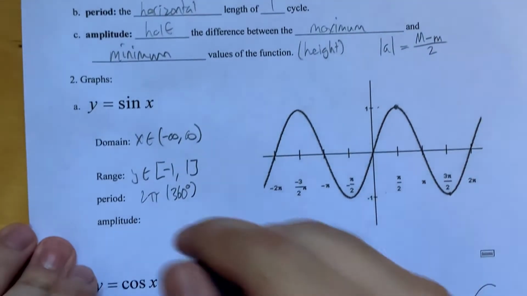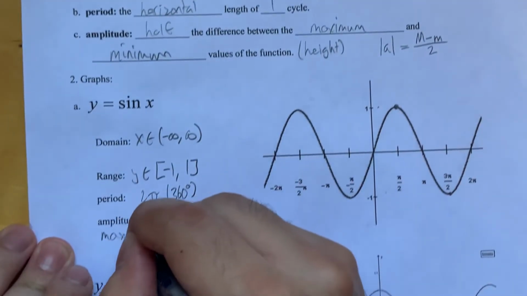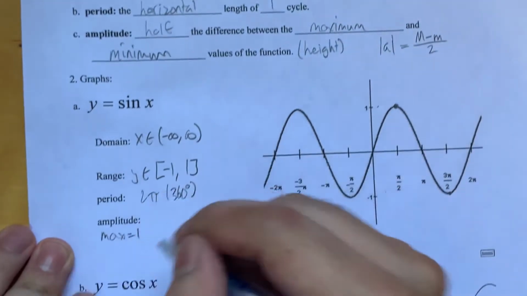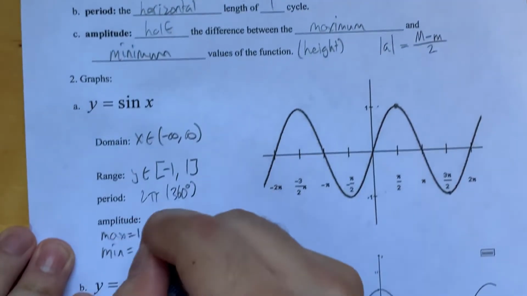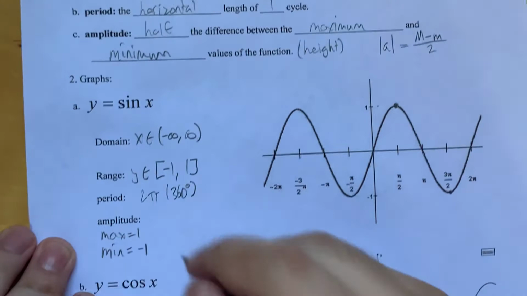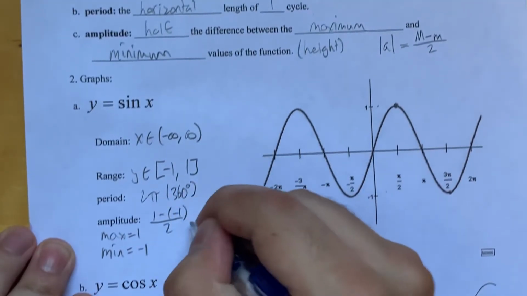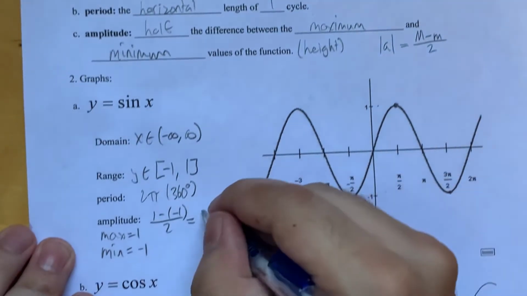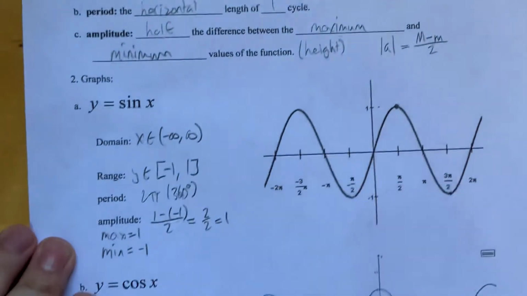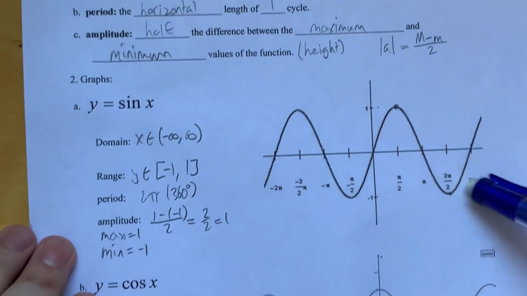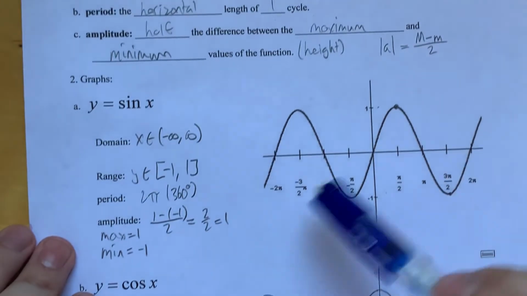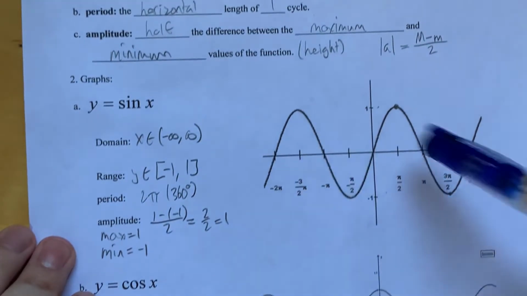So what do we need to find the amplitude? Max, which equals 1. The min, which equals -1. And then if we put it into the formula, we'll get 1 minus -1 over 2, which equals 2 over 2, which gives us 1. And that would be the graph over there. And it fits all of these requirements, right?